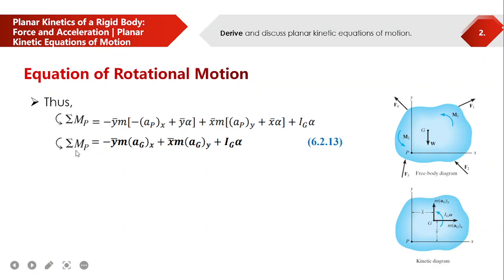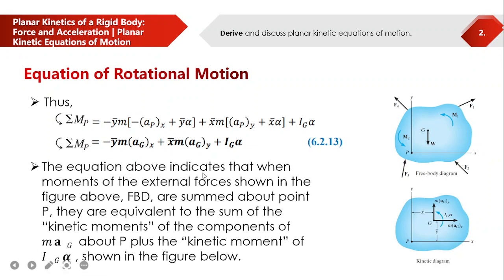This will be your result after we determine the values of negative a sub p sub x plus y bar times alpha and a sub p sub y plus x bar alpha. So we just substitute the simpler values, and this is the final result.